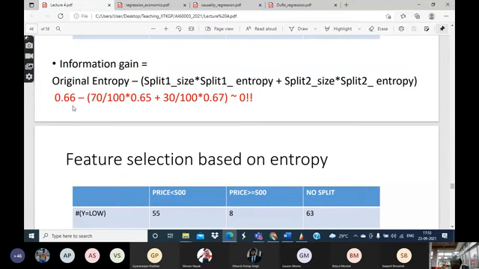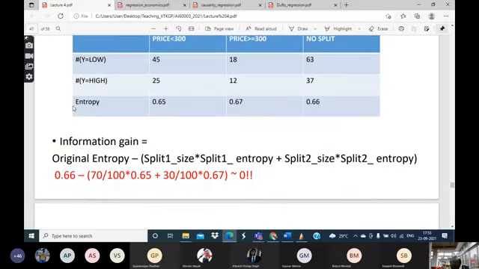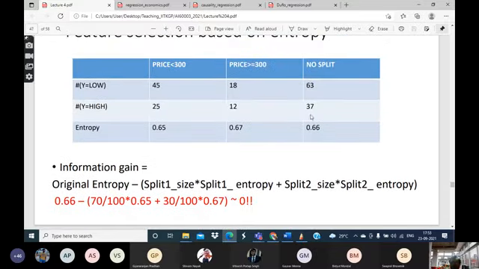So now I have a large set with a lot of uncertainty like this. What I do is split it into two smaller data sets, and I try to see whether those smaller data sets have less randomness, that is, less entropy. The reduction of entropy from the original data set to the split data set is known as the information gain, whose formula is given here.